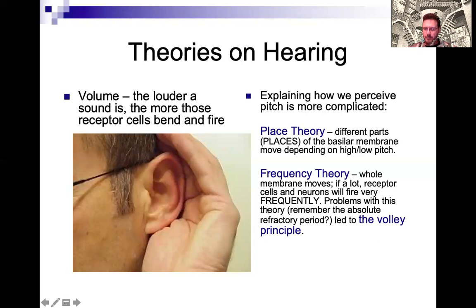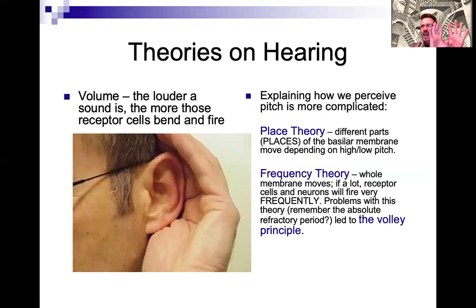Frequency theory basically states that we distinguish pitches because receptor cells will fire more frequently depending on what the pitch is. Like maybe if it's a very high pitch, I can't get super high, but if it's a super high pitch, I'm doing my best, maybe those hair cells are firing very frequently, telling the brain it's a high pitched noise we're listening to.